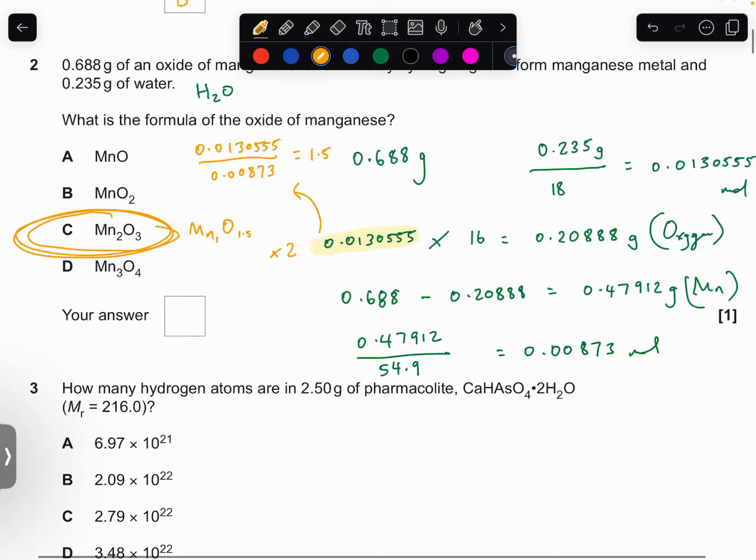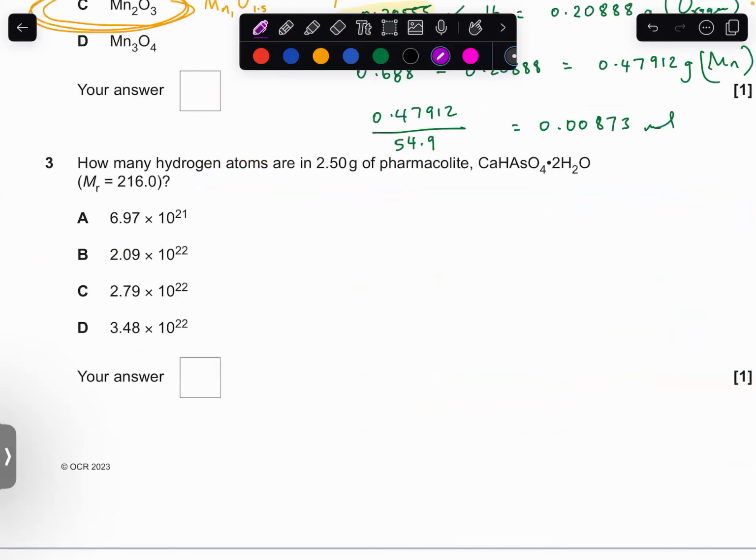It's asking how many hydrogen atoms are in 2.50 grams of the compound. And what we do, again, is work out the number of moles. The molar mass is given in the question over here.